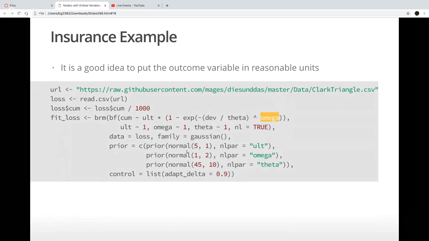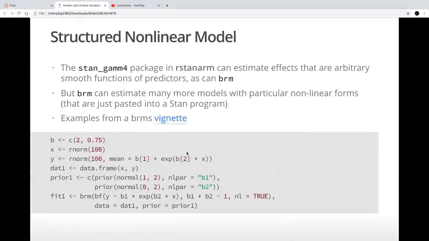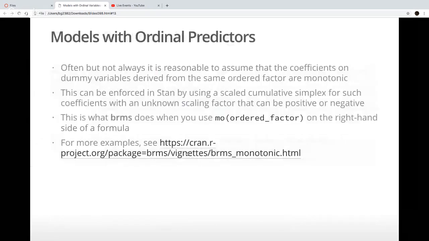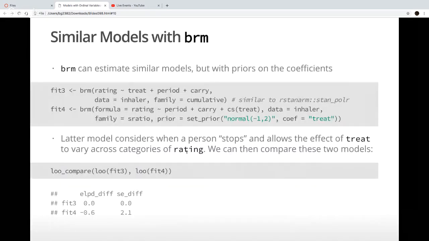I don't know if everything is totally implemented, but the ideas are all there. And so you can take advantage of all that using BRMS and pretty much only have to specify R syntax. The only thing that makes it a bit different, or not different because it's sort of the same thing in Stan, is that you're sort of injecting these strings about your priors. It just copies those into the Stan code.